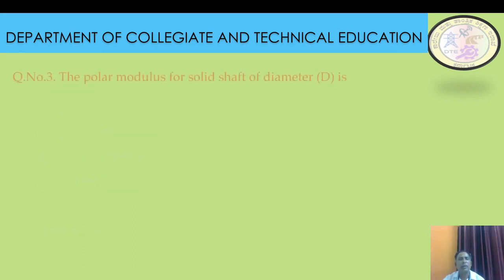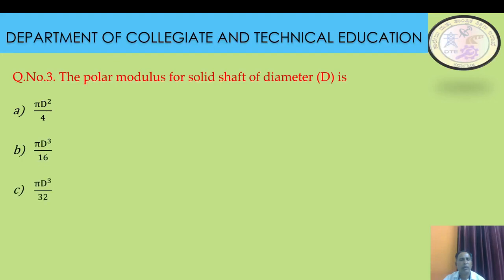Then the polar modulus for a solid shaft of diameter d is: option A is pi by 4 into d square, option B is pi by 16 d cube, option C is pi by 32 into d cube, and option D is pi by 64 into d raised to 4. As the polar modulus is the ratio of J by R, that is polar moment of inertia divided by radius of the shaft, the polar moment of inertia for the solid shaft is pi by 32 into d raised to 4 divided by d by 2.